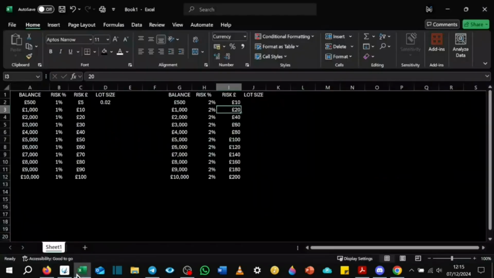So I hope that kind of makes sense with regards to risk management and how crucial it is and how important it is to use the correct lot size for the market that you're trading. Because if you've got proper risk management for gold and used the wrong lot size for US 30, all the good that you've gained from your account trading gold could be wiped out by one trade on US 30 and vice versa.